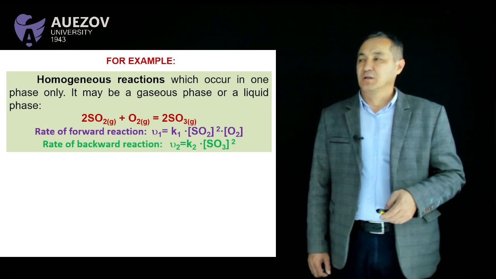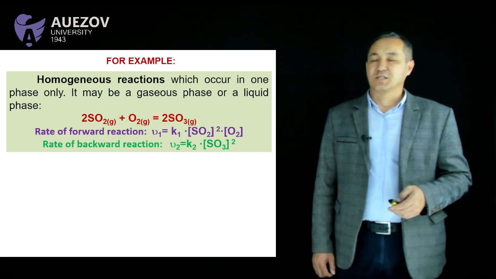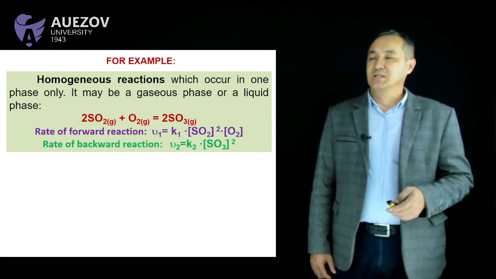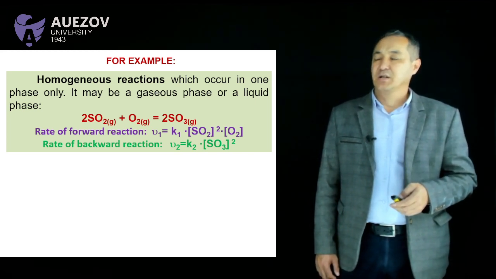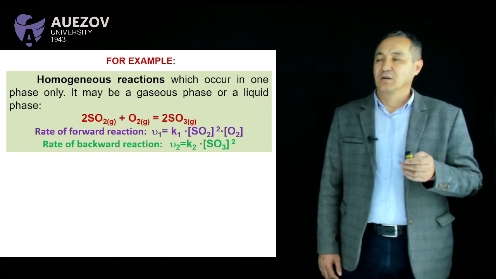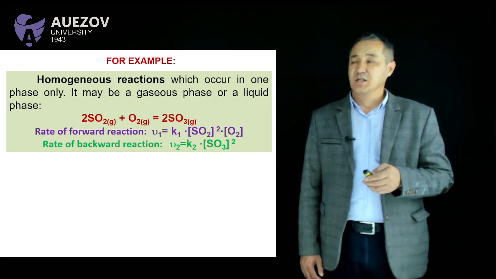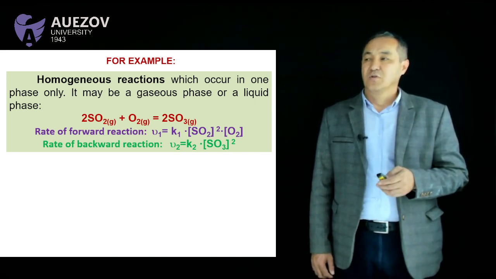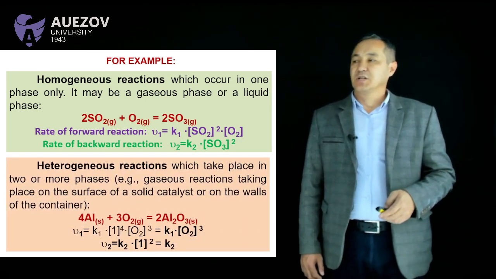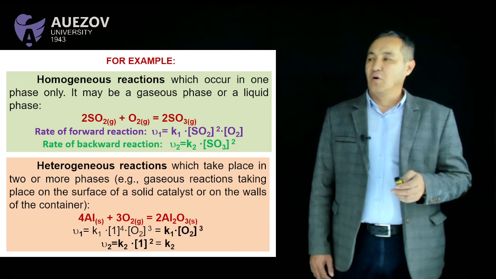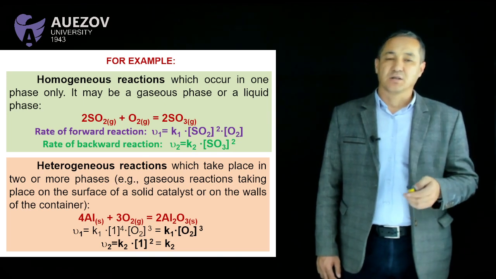For example, for homogeneous reactions which occur in one phase only, it may be a gaseous phase or a liquid phase. For example, sulfur oxide plus oxygen, and in this reaction we take 2 molecules of sulfur oxide. For a heterogeneous reaction which takes place in 2 or more phases, for example, aluminum and oxygen molecules.